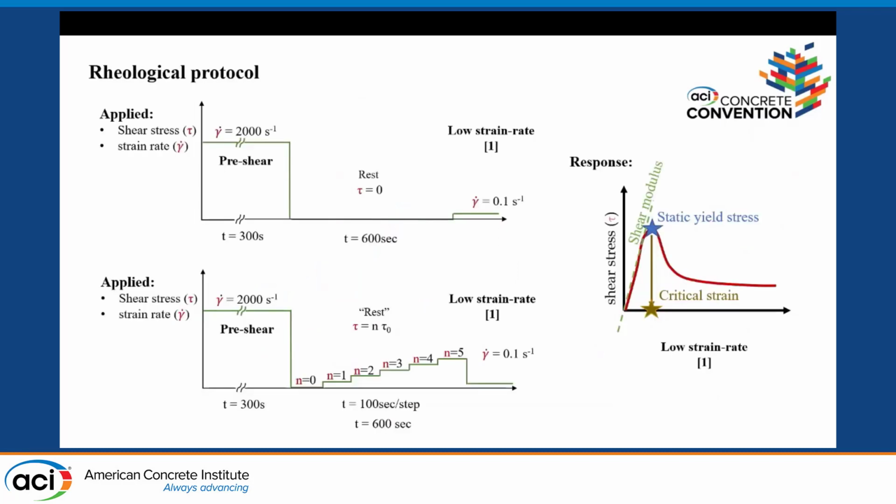So to do this, I decided to go with a rheological profile, and I also wanted to look at other measurements. The first thing that I did is I looked at a typical rheometer, and I applied these two rheological profiles. The first one is what we typically use in a rheometer: we will just have some deflocculation, some resting condition, and then measure the static yield stress.